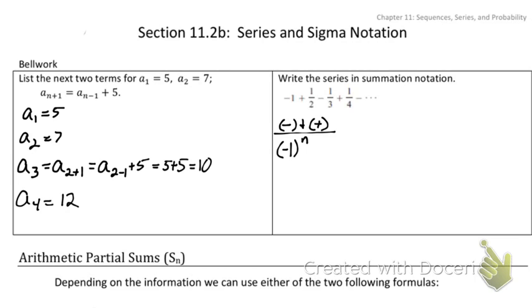As soon as I know what's alternating, I can think of this sequence as just being, I'm going to change it to 1 over 1, 1 over 2, 1 over 3, 1 over 4, because I got rid of the alternating, and this is in the denominator plus 1, in the denominator plus 1, in the denominator plus 1. So my sequence in explicit form is going to be 1 over just n.